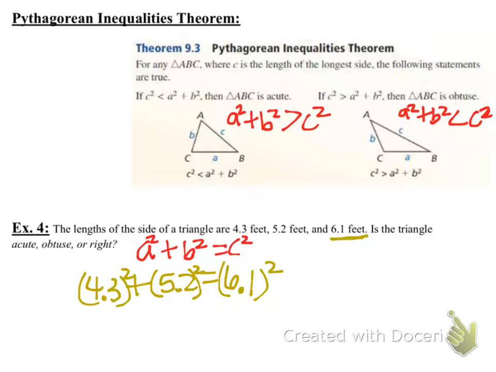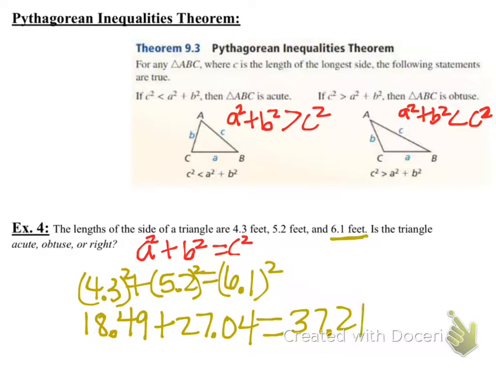So if I square all three of these things, I have 18.49 plus 27.04. And 6.1 squared is 37.21. So I want to add these two things, and that gives me 45.53.